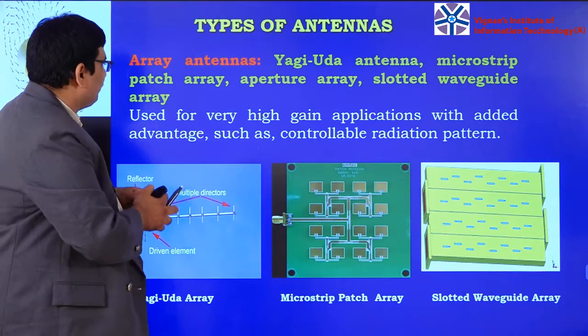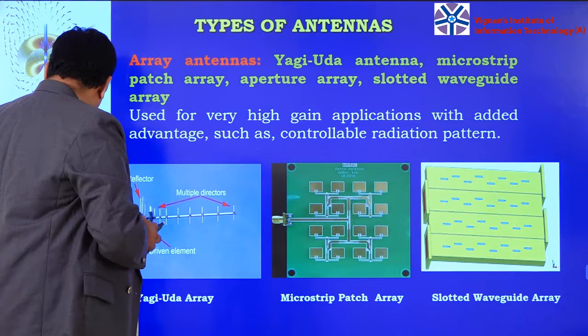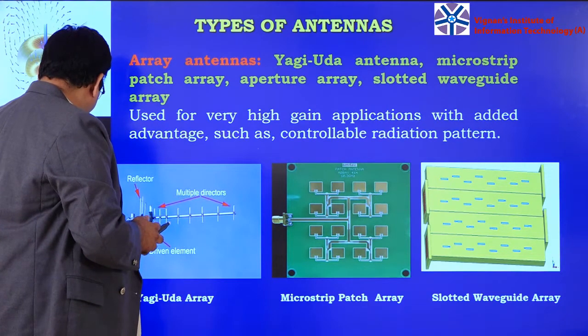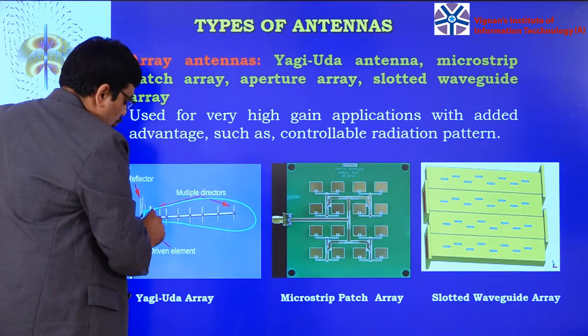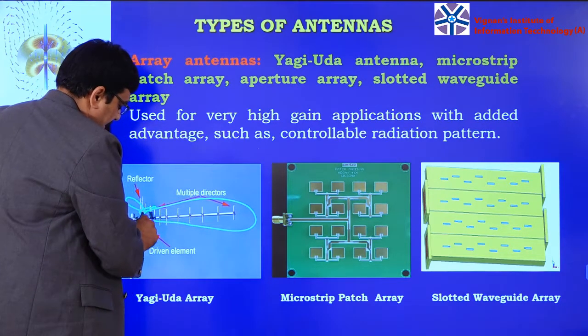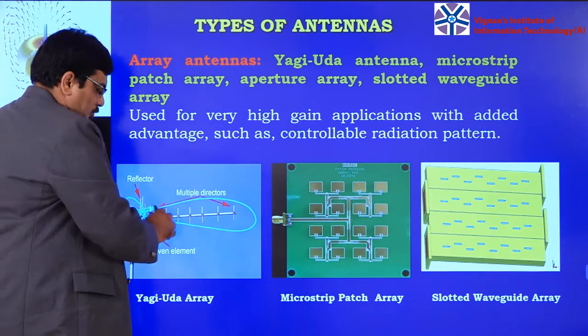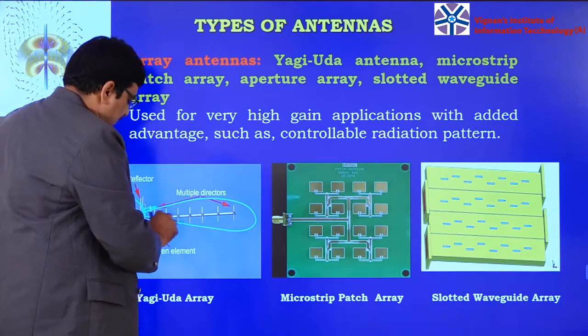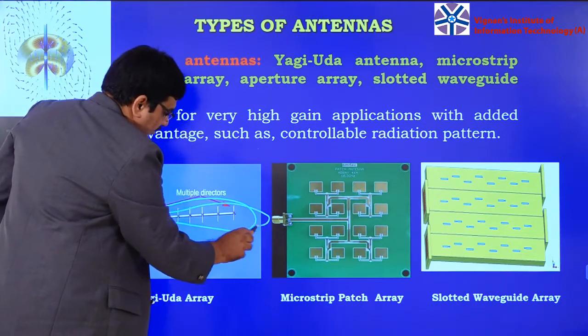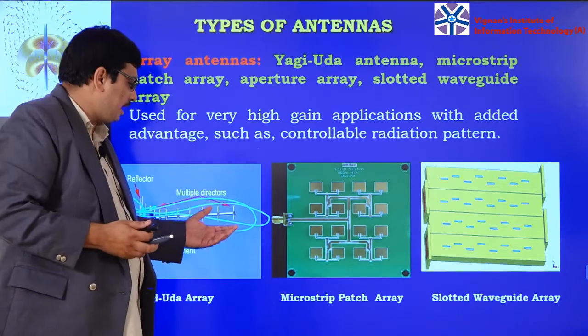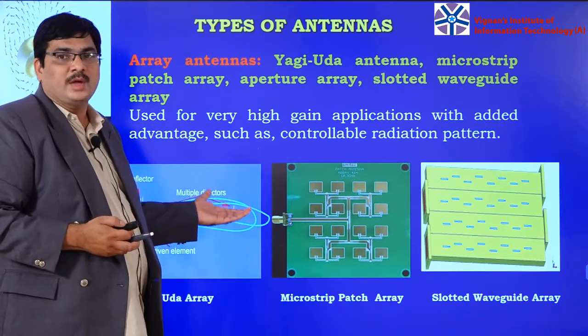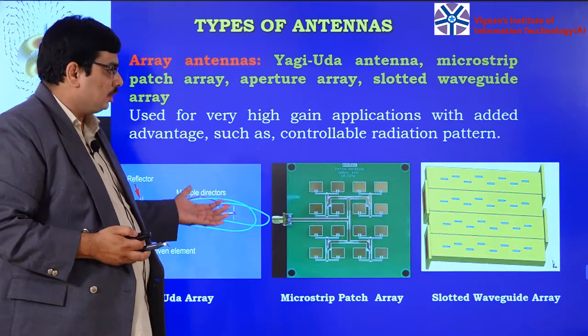The radiation pattern of the Yagi-Uda array is in this direction only. This is the radiation pattern of a Yagi-Uda array. As the number of elements increases, this beam becomes narrower. If the beam is narrower, your gain is very high and directivity is also improved.